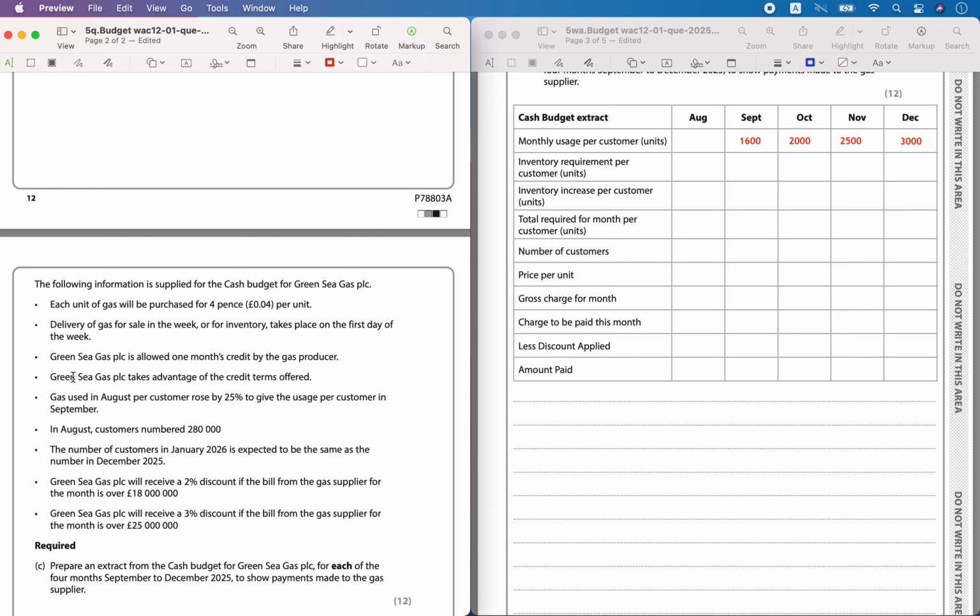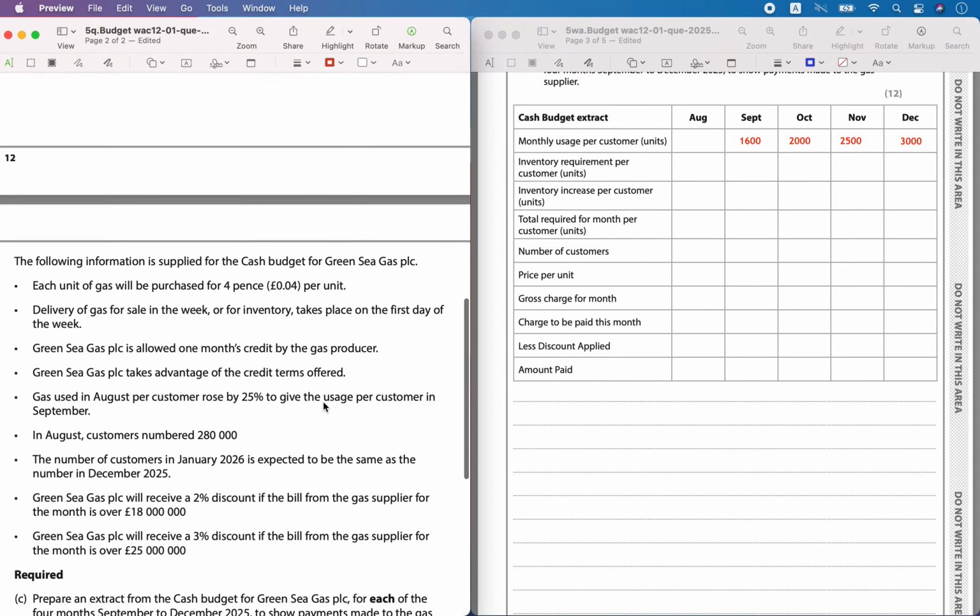Delivery of the gas for the sale in the week for the inventory takes place on the first day. 1 month's credit is allowed, and gas used in August per customer rose by 25% to give the usage per customer in September. From this information we can calculate what the consumption was in August.